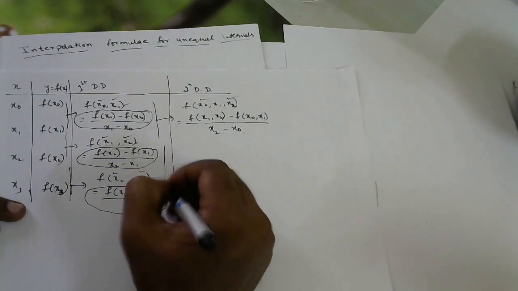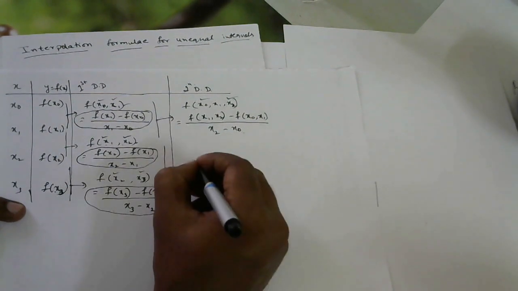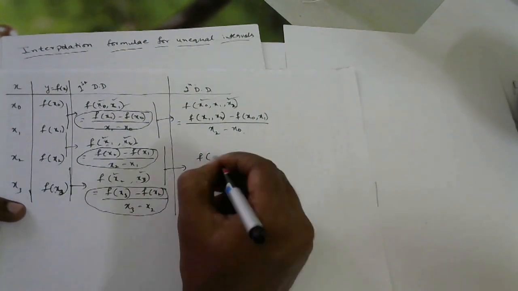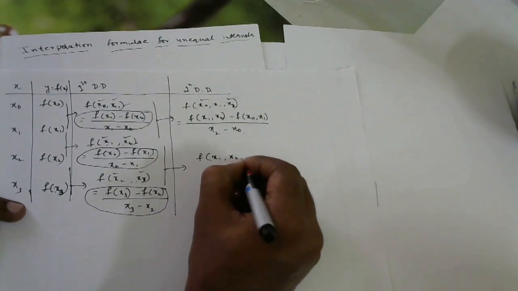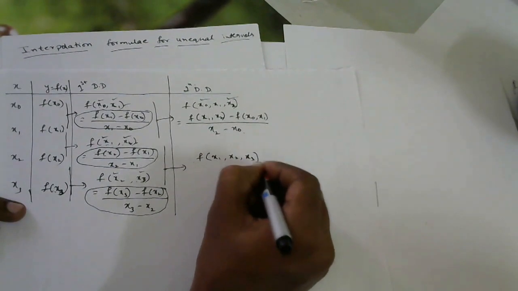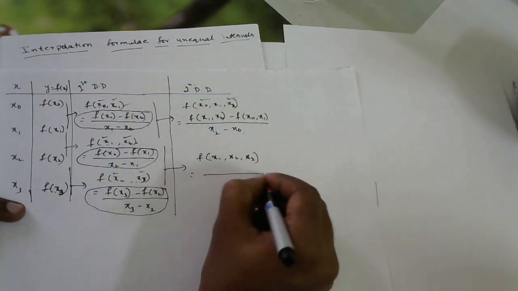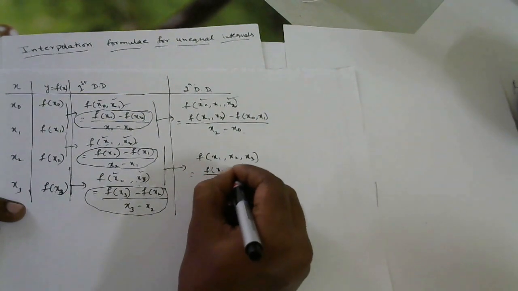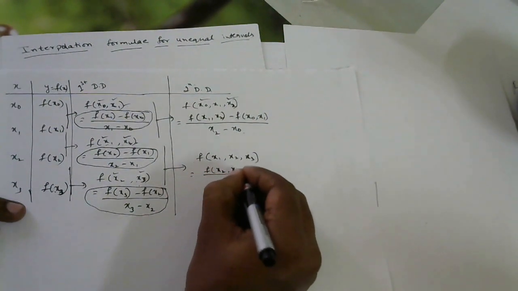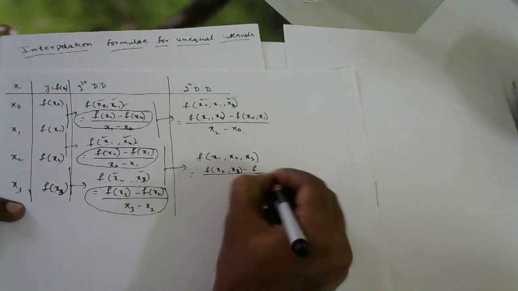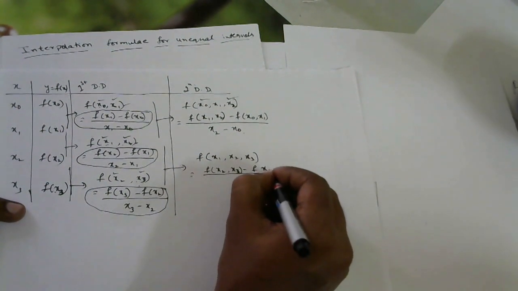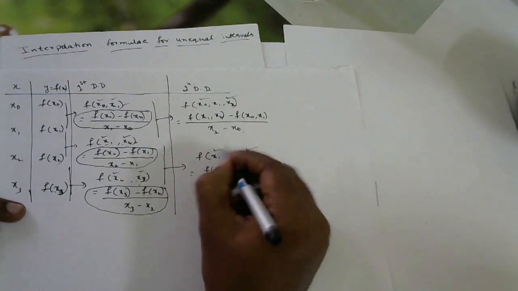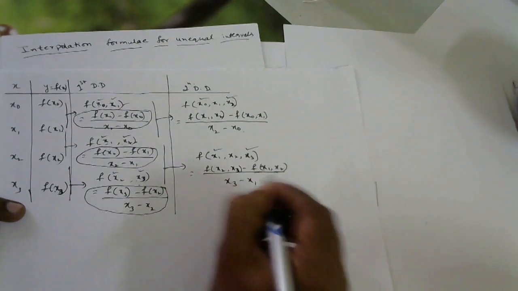Now take these two difference: f of x1 comma x2 comma x3 equals f of x2 comma x3 minus f of x1 comma x2 whole divided by x3 minus x1.